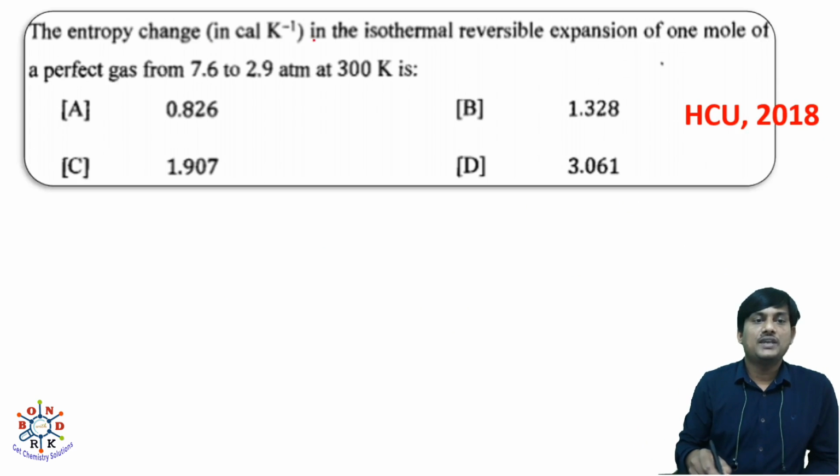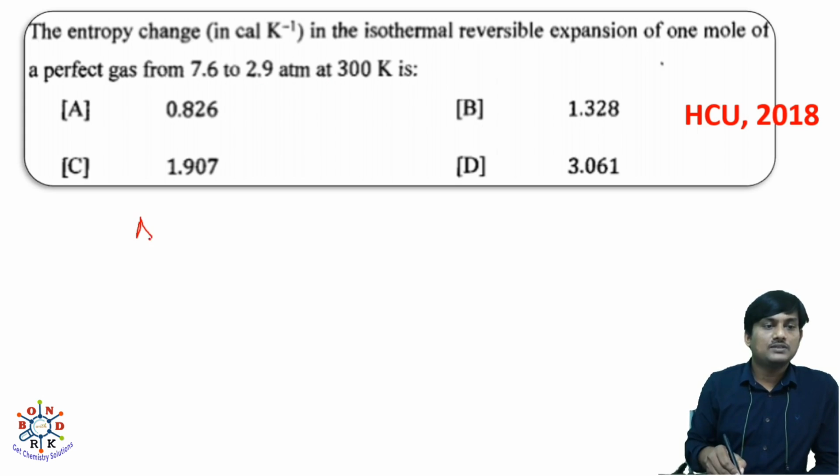The entropy change in the isothermal reversible expansion of 1 mole of a perfect gas from 7.6 to 2.9 atmosphere at 300 Kelvin is? What is the entropy change? Delta S is equal to nR ln V2 by V1.